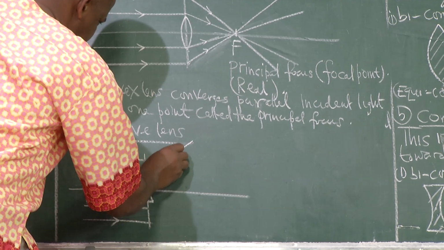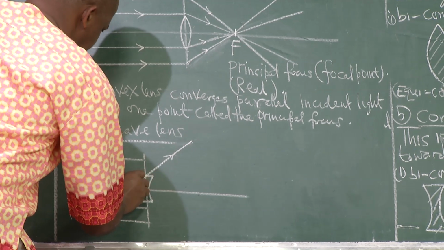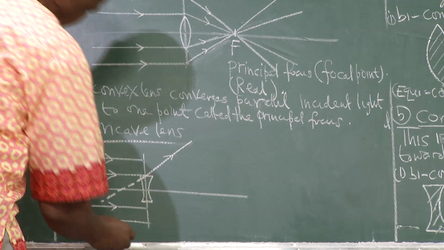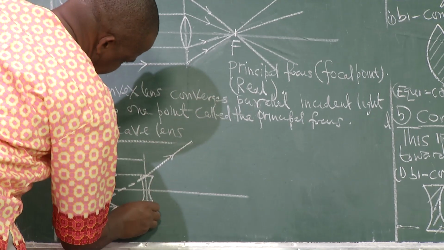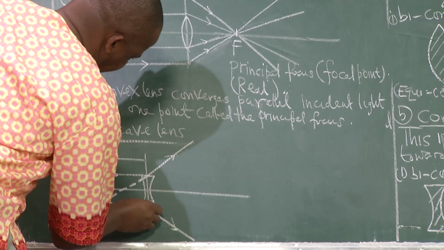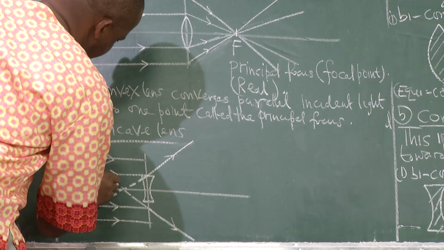Light comes, it is refracted, and this light appears to be coming from some point. It is refracted, and it appears to be coming from some point.